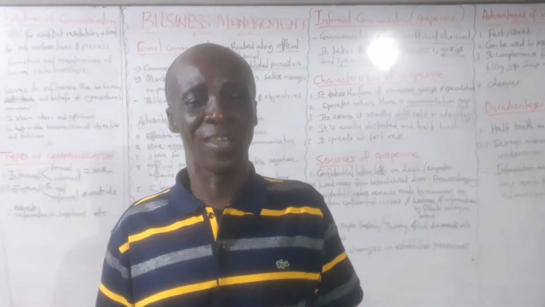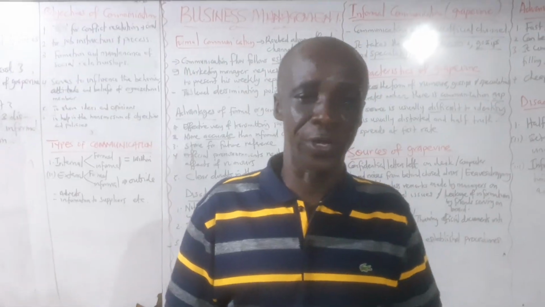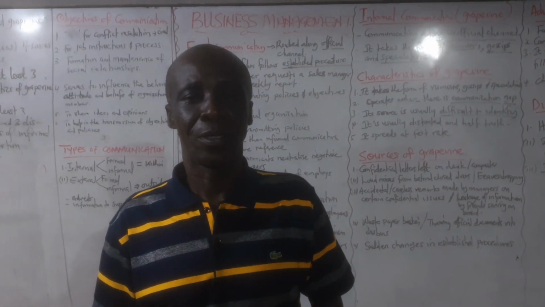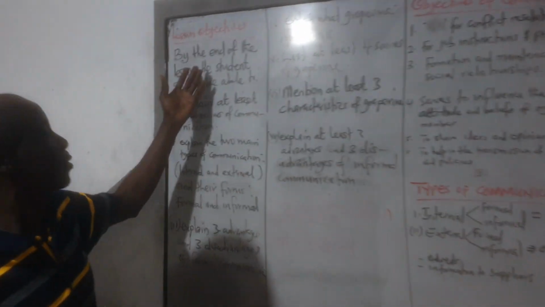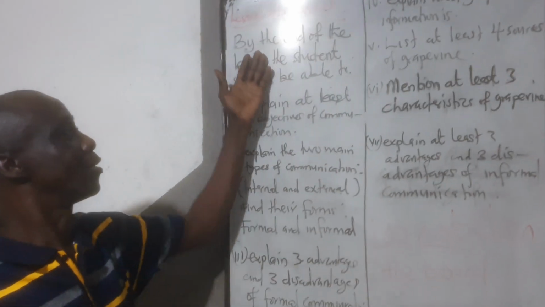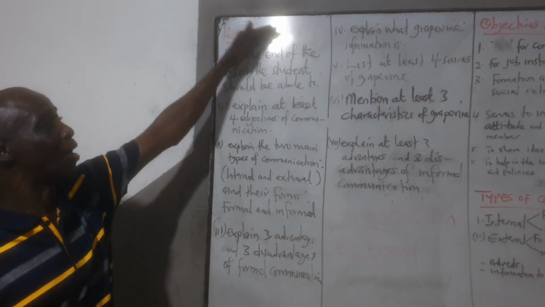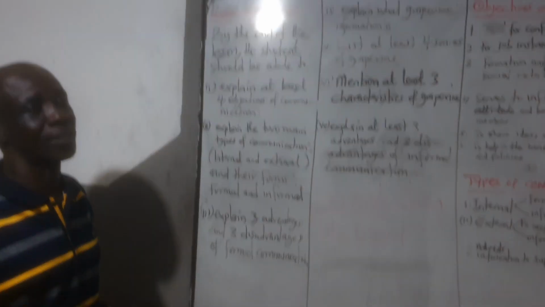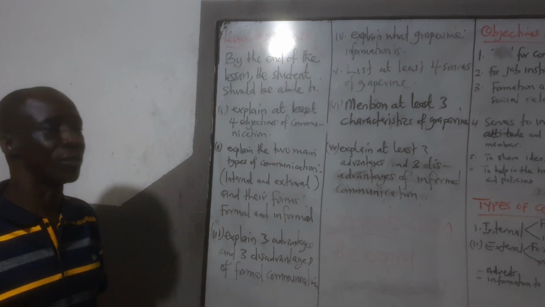Once again, good evening. We are continuing with our lesson on communication. Today, we are going to talk about the objectives of communication. So if you look at our lesson objectives, we'll be looking at objectives of communication.